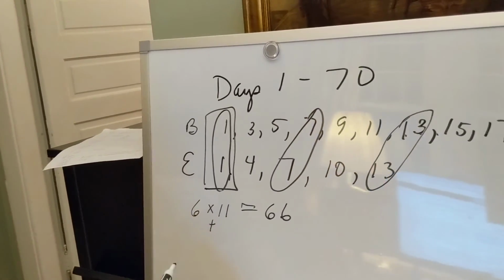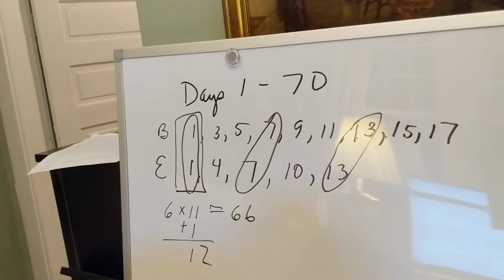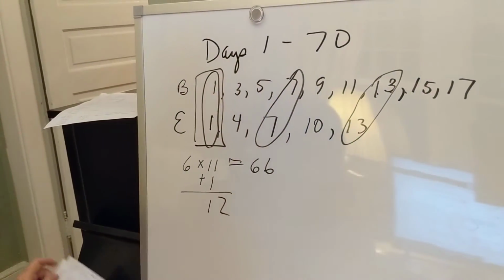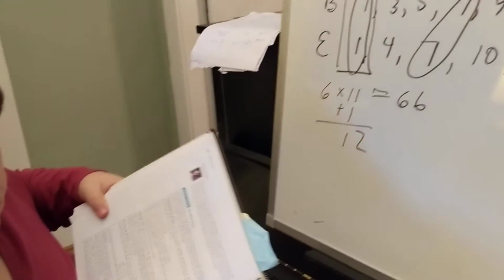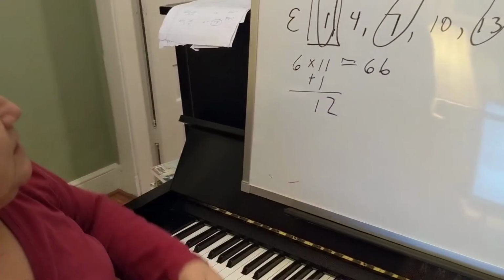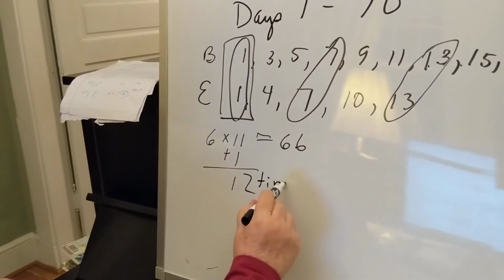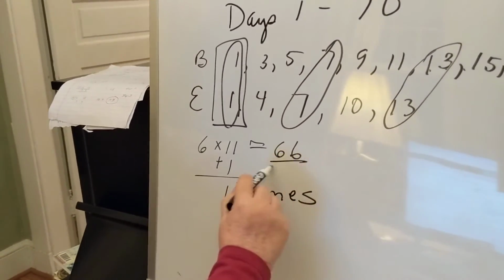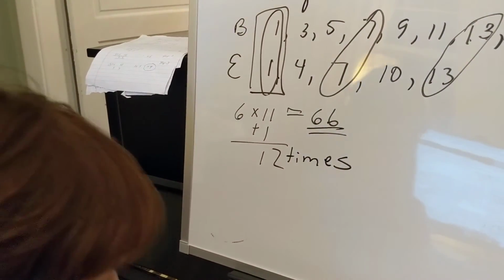And let's see, that's 12. Yes. So it would be 12 times because it's every 6 days, but you have to consider they both started on the first one and have one day together there.